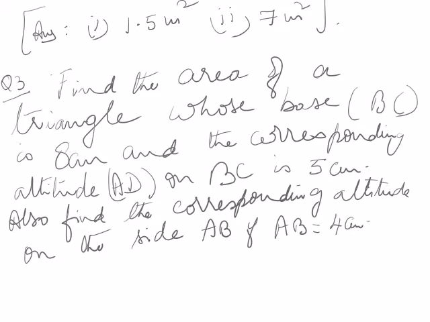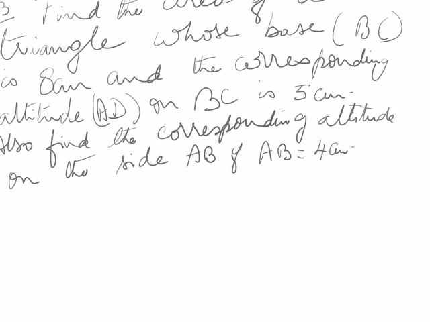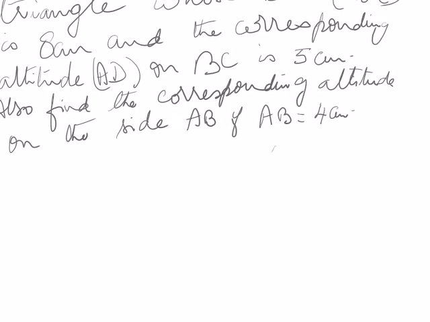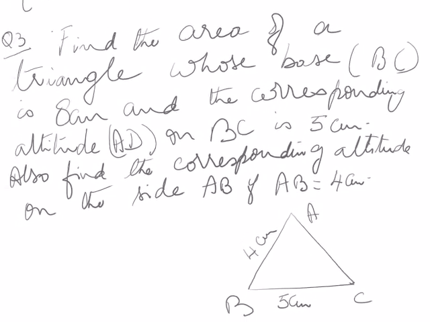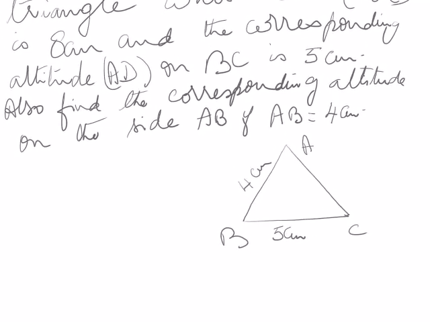Now to understand, if you draw a rough diagram, it will be much better. So a freehand diagram you can draw like this. The triangle is ABC. It is given AB is 4 centimeter, and whose base BC is 8 centimeter.